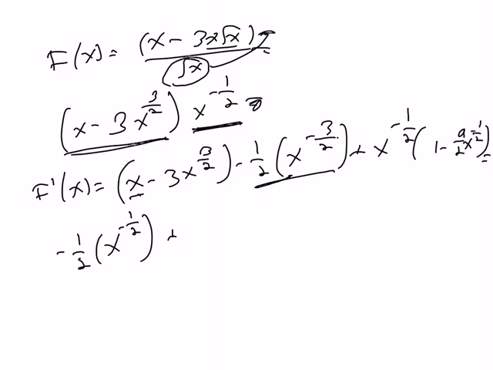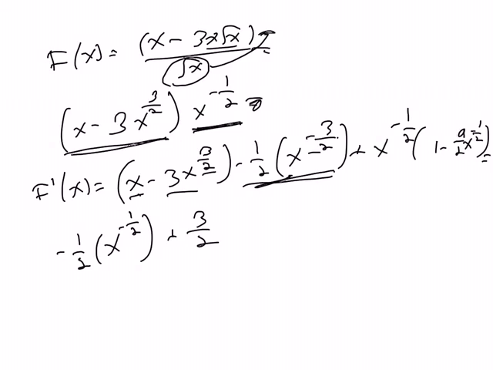Yeah. Plus, so now we have this times that, so that gives us a plus, and then we have 3 over 2, and then this plus that, which is just going to give us a 0.